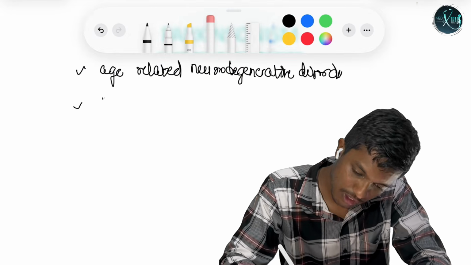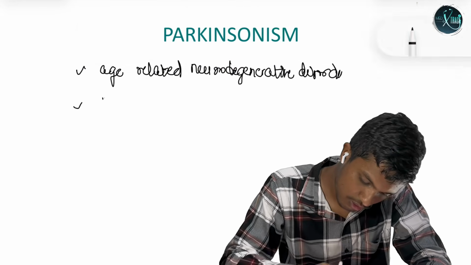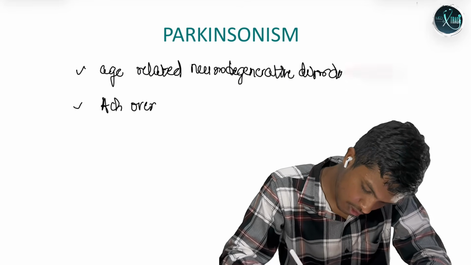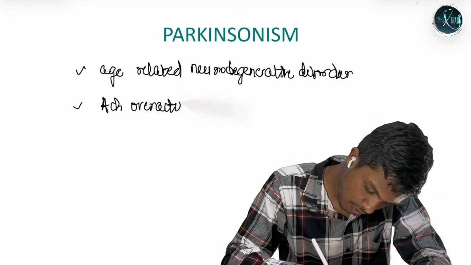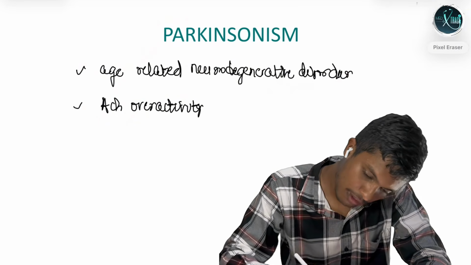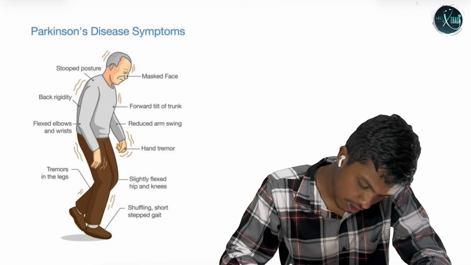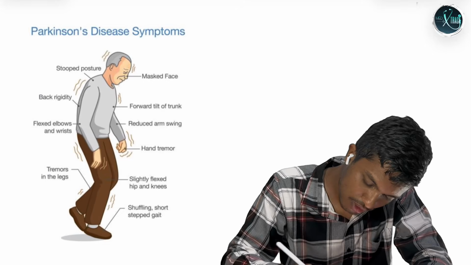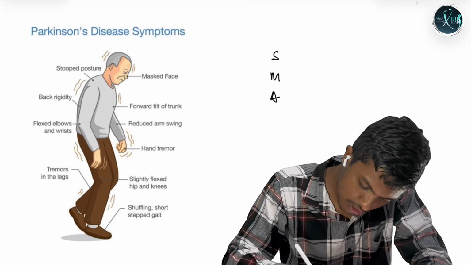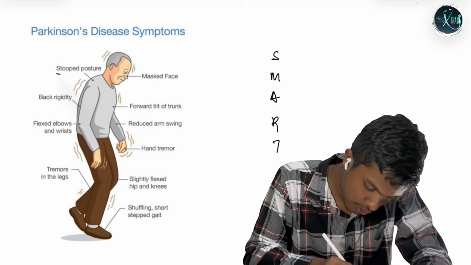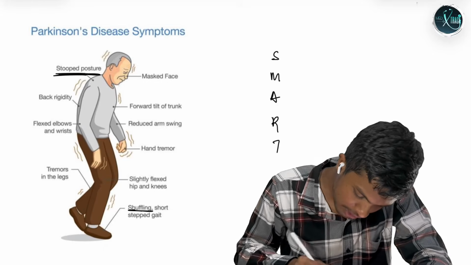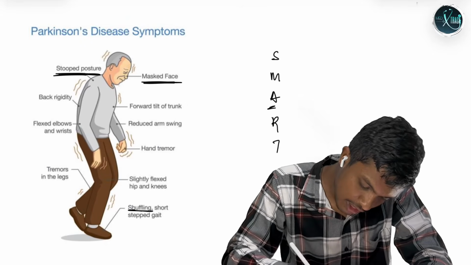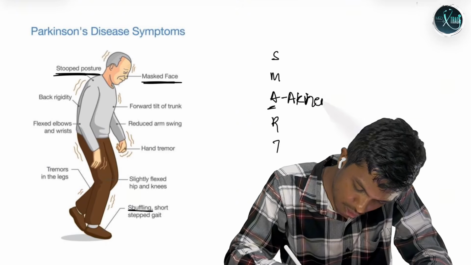ACH overactivity leads to the symptoms that are marked here. It can be remembered with the mnemonic SHIFT SMART. S stands for stooped posture and shuffling gait. M stands for masked face, and A stands for akinesia, usually bradykinesia.